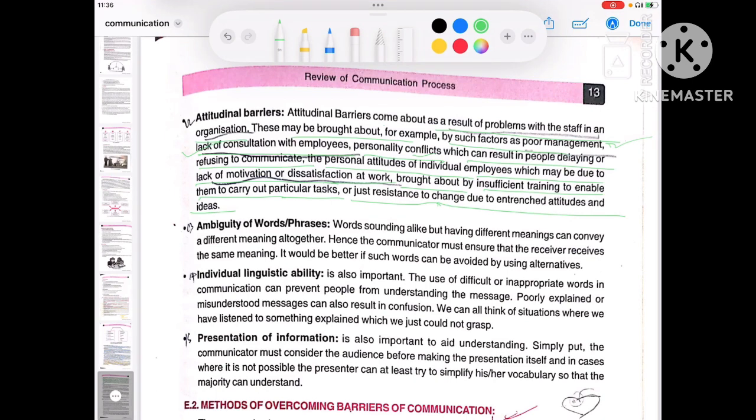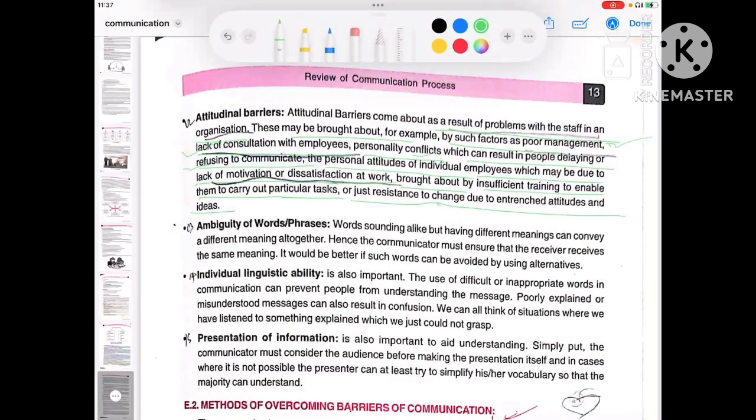So that is the attitude in conflicts. They may delay or refuse to communicate. Some are not mingling, not speaking, and they will delay. Take the handover: shift-wise, their duty will be 6 hours or 8 hours. After their shift, they have to hand over the procedures and what they have done for the patients to the next shift.